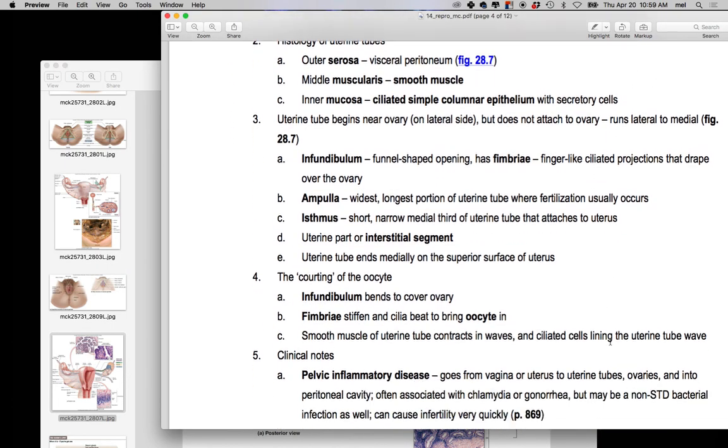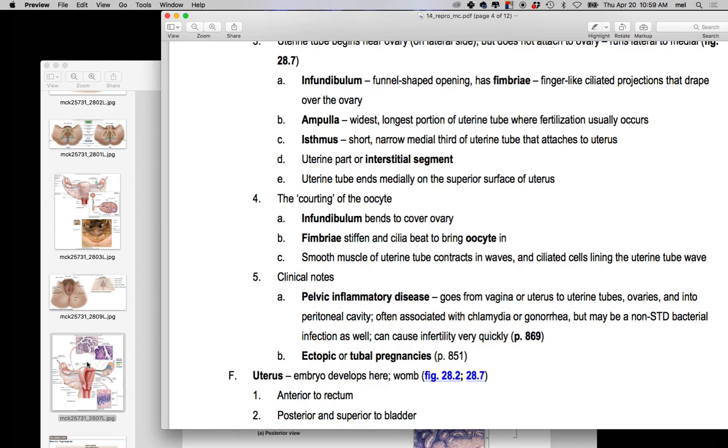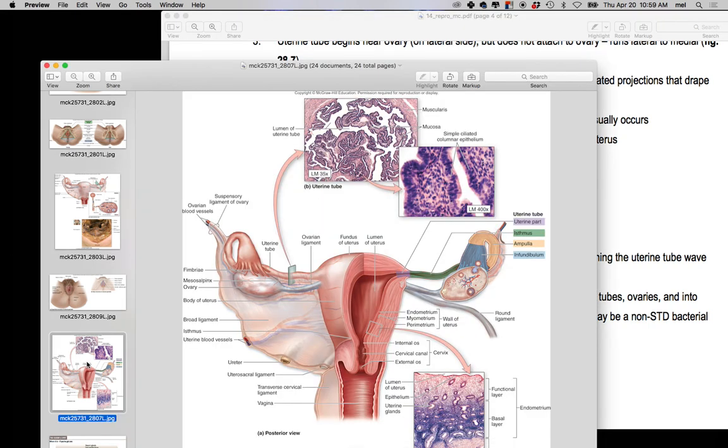All right, so infundibulum, ampulla, we did all of that. Oh, pelvic inflammatory disease. This is worth talking about. So if a woman gets an infection in the reproductive tract, generally it starts with the vagina, right? Now it doesn't have to be an STD, but of course sex is the most likely way for you to get an infection of the vagina, because you're involving the vagina in the process. So chlamydia and gonorrhea are famous for causing pelvic inflammatory disease.